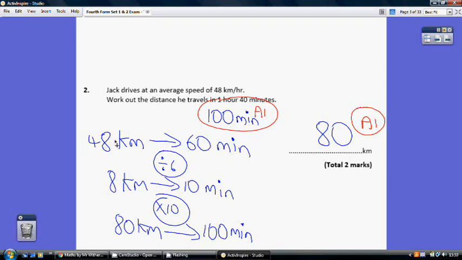I've scaled it back to 10 minutes by dividing by 6. So dividing both of these by 6, I'm saying we can go 8 kilometers in 10 minutes. So timesing that by 10 to get to our 100 minutes, 8 tens are 80. So we would go 80 kilometers in 1 hour and 40 minutes.